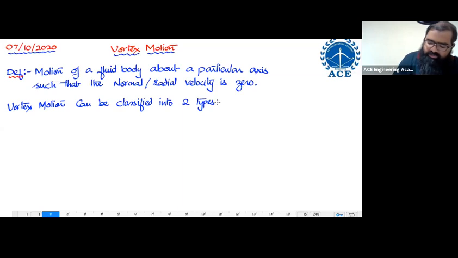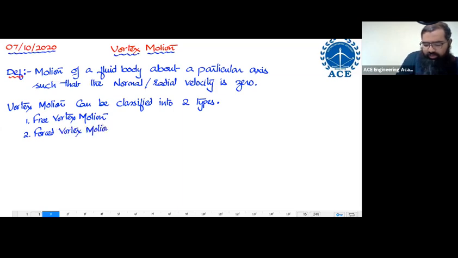The first one is free vortex motion. Second one is forced vortex motion. Apart from this, there are many more types, but we are not concerned with all those types. Our examination is going to deal only with these two types.